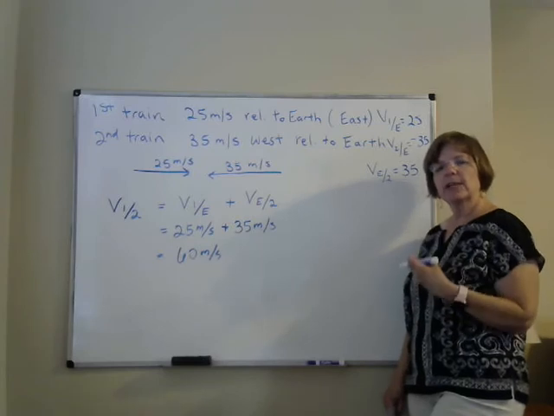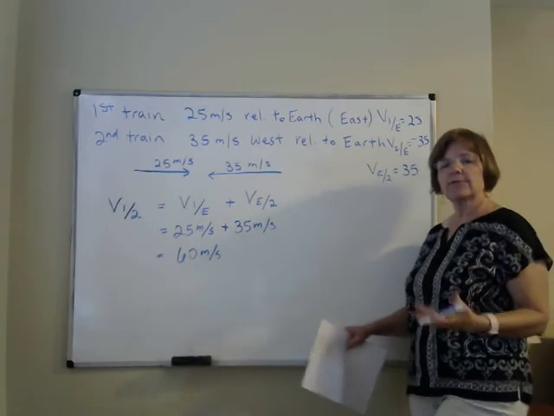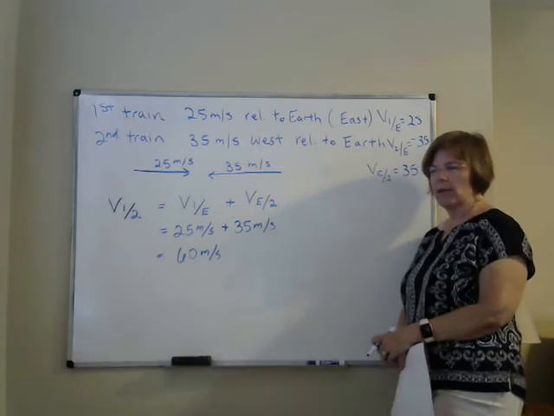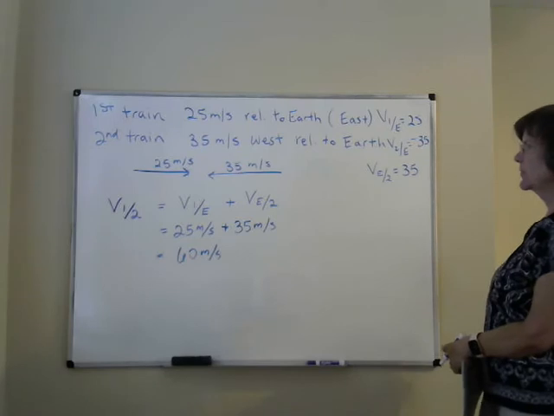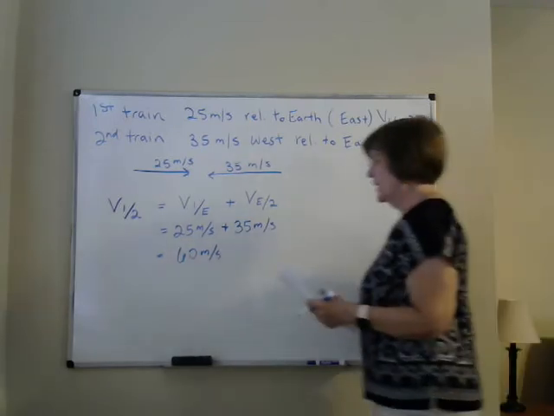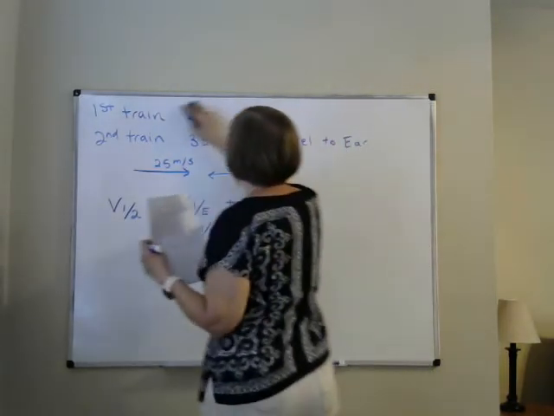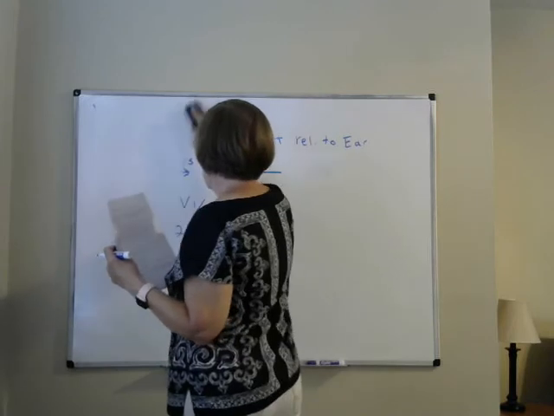If you're in train 2 and you consider yourself the at-rest frame of reference, then train 1 is coming at you at 60 meters per second. Alright, it gets a little bit more confusing in 2 dimensions, but really it's just a matter of adding vectors.